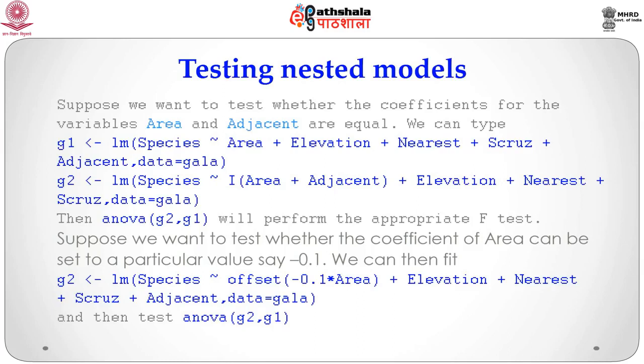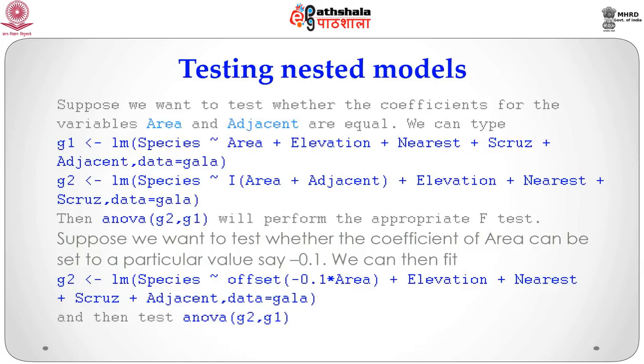Similarly, we might want to test whether the coefficients for the variables area and adjacent are equal. To do so, we fit G1 as before, that is G1 is a linear model of species on area, elevation, nearest, S-cruise, and adjacent, and G2 is a similar linear model except that one of the variables for this model is now I(area + adjacent).